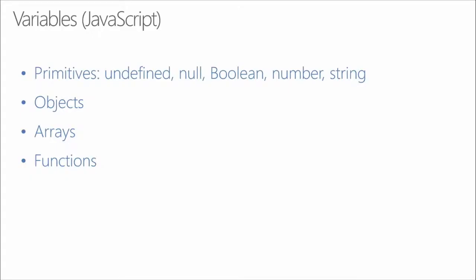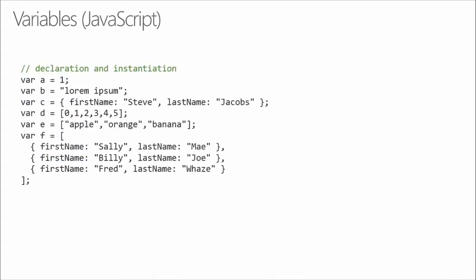So the primitive types in JavaScript are this funny one called undefined that I know doesn't exist in C#, and it's kind of lower level than null. It's not even there to be called null. It's undefined. So we have undefined, null, Booleans, that's true or false, that's a primitive type. Numbers and strings, those are primitive types. Everything else is an object, okay? And technically it's an object or an array or a function.